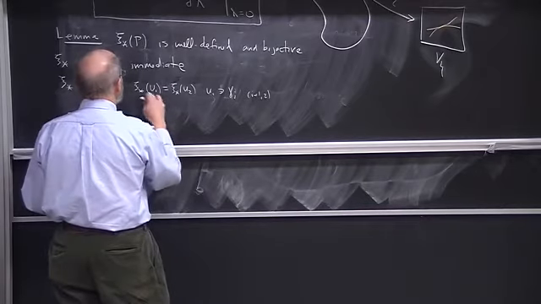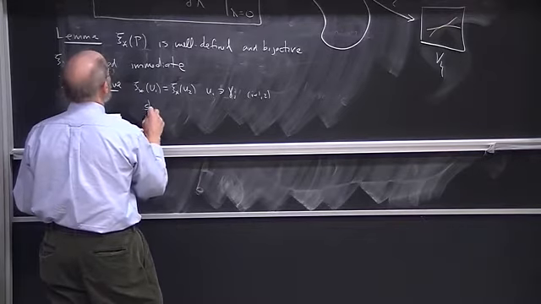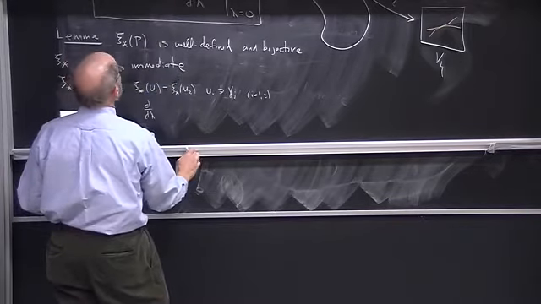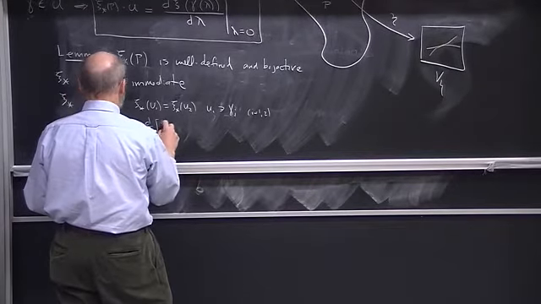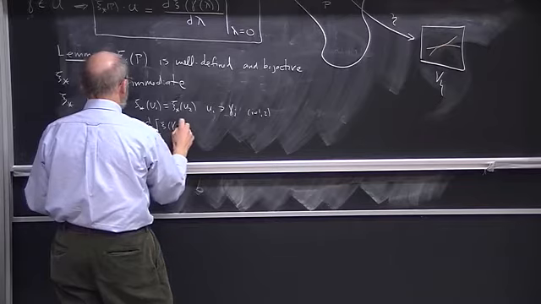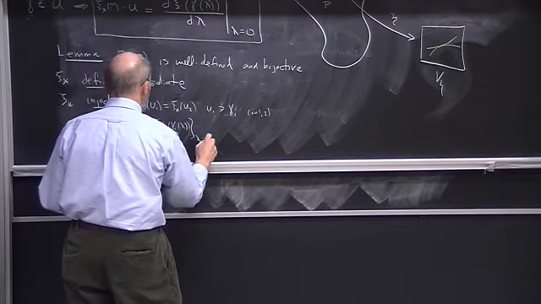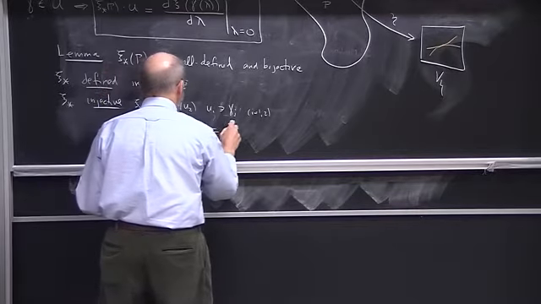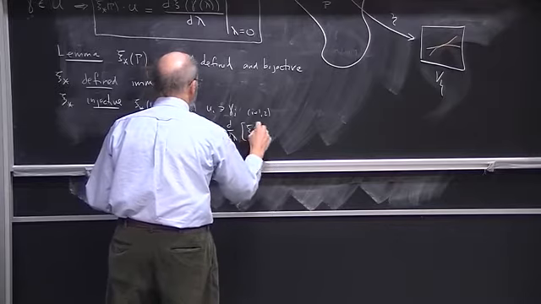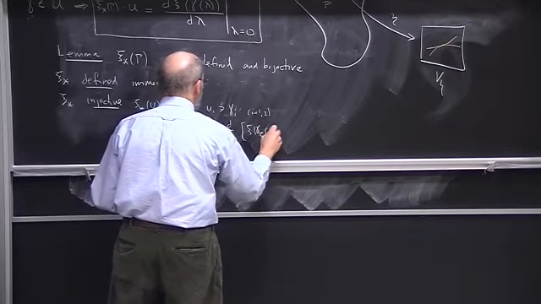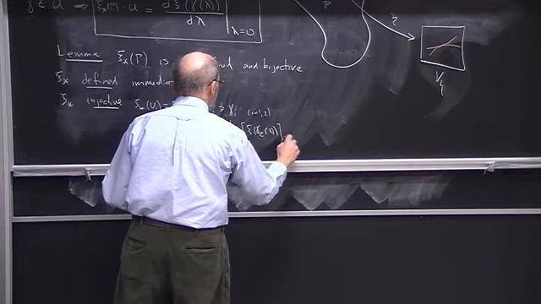Well, we defined C star of U1 as d by d lambda of C of gamma 1 of lambda at lambda equals 0. That is equal to d by d lambda of the same thing, C of gamma 2 of lambda, at lambda equals 0.